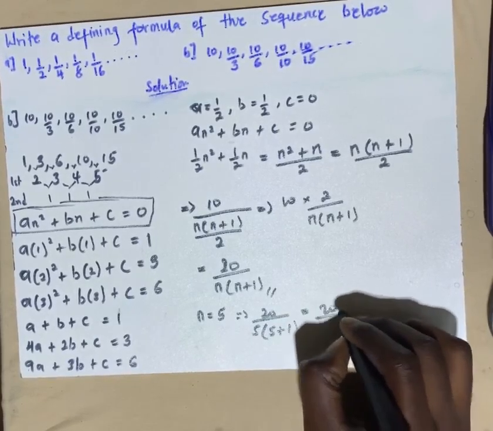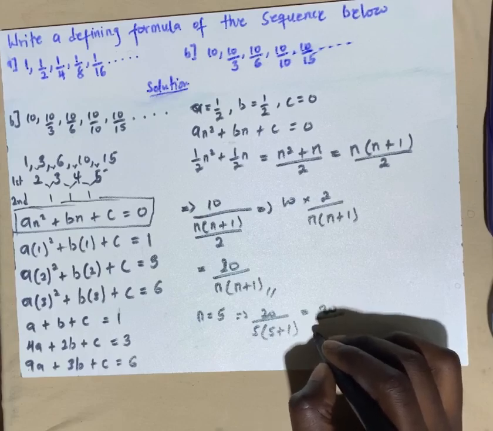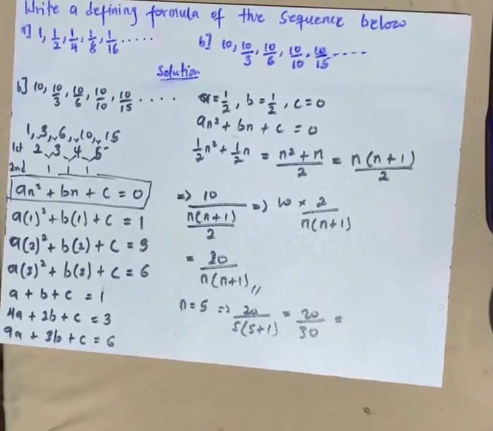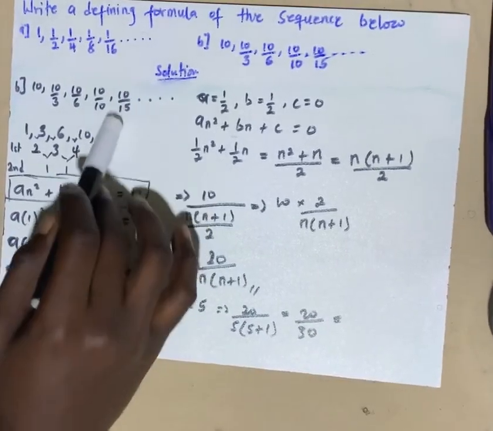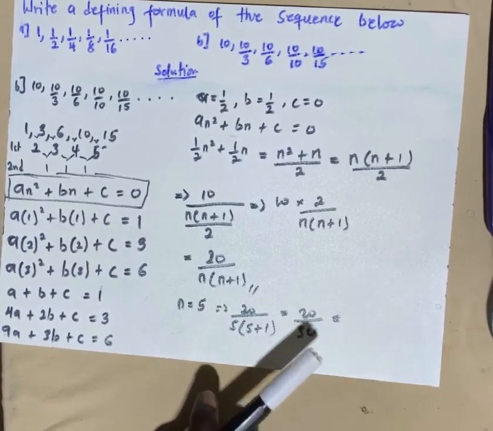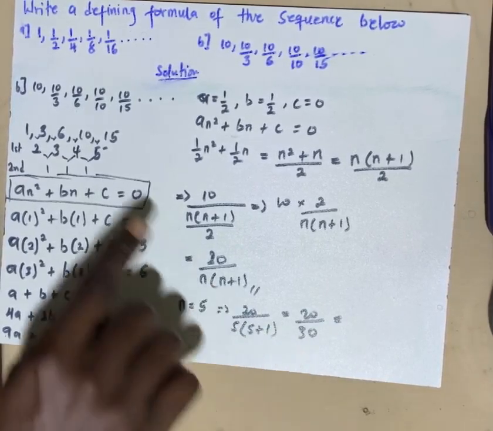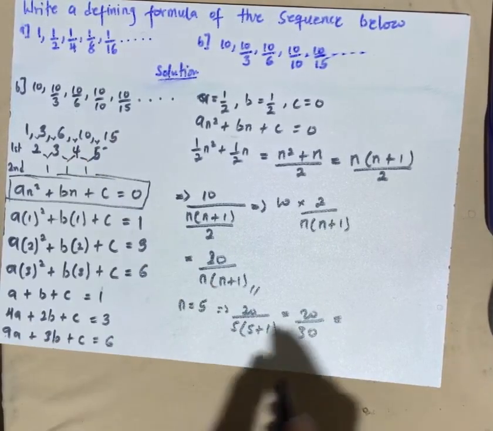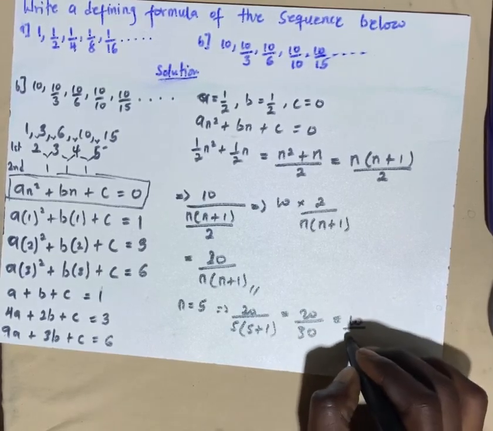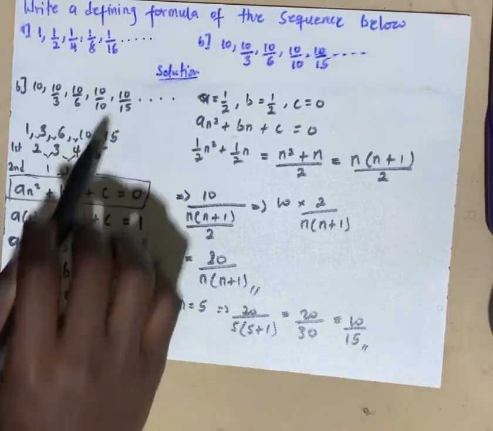You are going to get 20 over 30. Since we are trying to maintain this value, we don't necessarily have to break this fraction into its simplest form. Rather, we want to break this fraction down to get something like this. When you divide 20 by 2, you get 10, and when you divide 30 by 2, you also get 15, which is going to give you the fifth term.